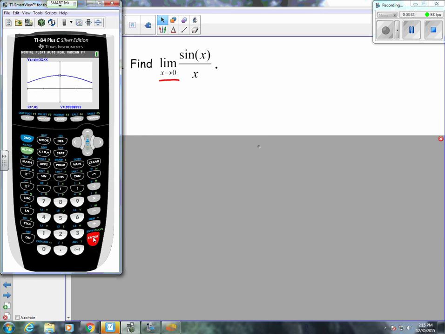And similarly, from the other side, as we approach 0 from the right, let's say positive 0.5, and then positive 0.2, positive 0.1, it seems like our y values also are approaching the value of 1. So there's a hole in this graph at 1, but remember, for a limit, it doesn't matter what actually happens at that x value. We just care what happens as we're getting closer and closer to that x value from both sides.